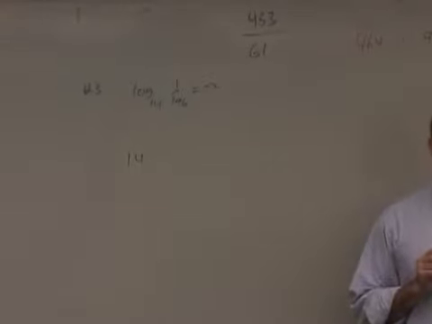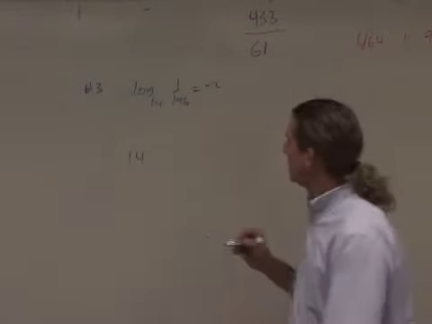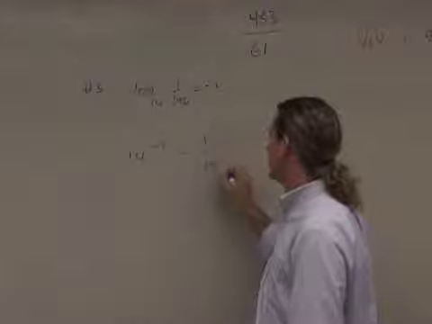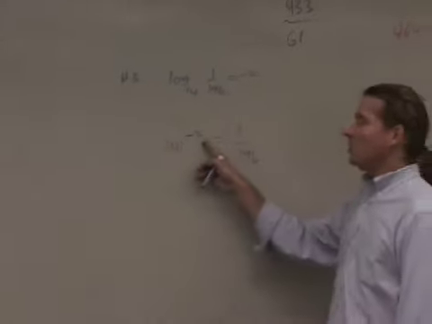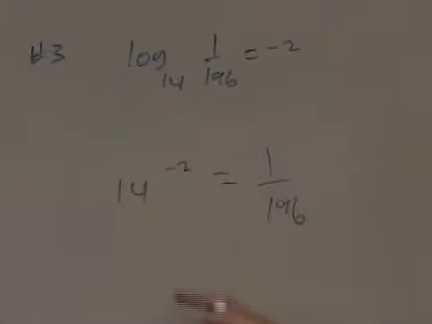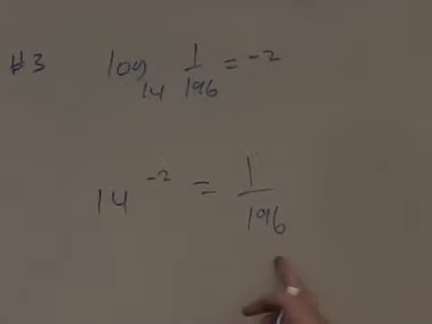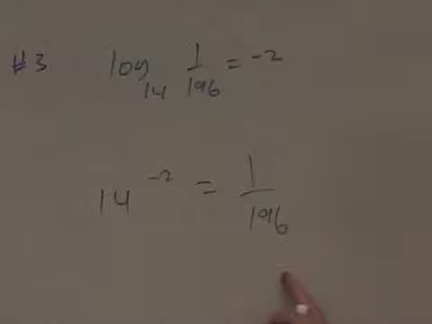Yes, it's negative. 14 raised to the what? -2 equals 1 over 196. And this is true. 14 to the -2 is the same thing as 1 over 14 to the positive 2. What is 14 squared? 196. So this works.